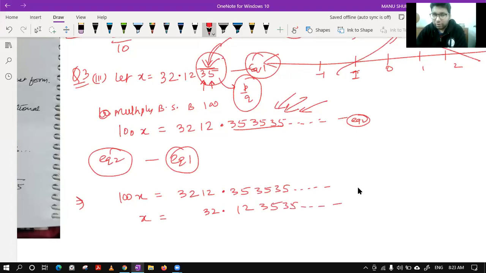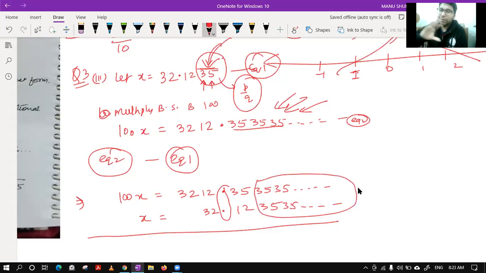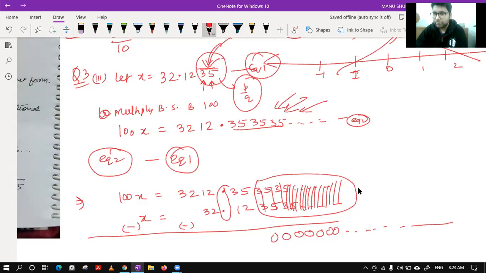The reason for writing the numbers this way is that the decimals come in place and we get a clear picture that the repeating block is isolated and can be cut easily. Now you can see if I subtract on both sides, all of this will become 0. This is also 0, this is also 0. So all are 0. Keep on going. This 0 streak will not end.